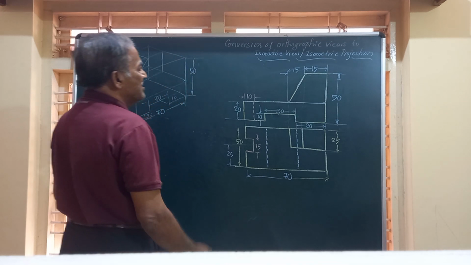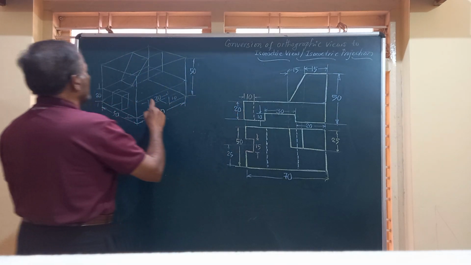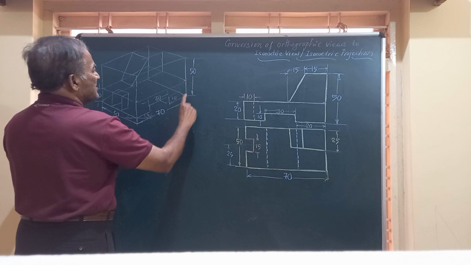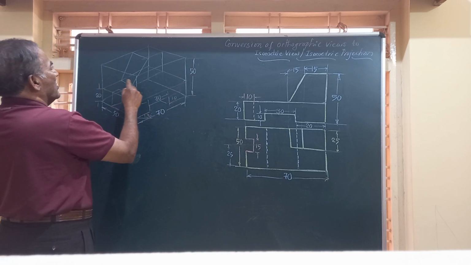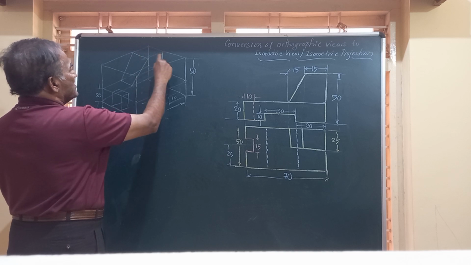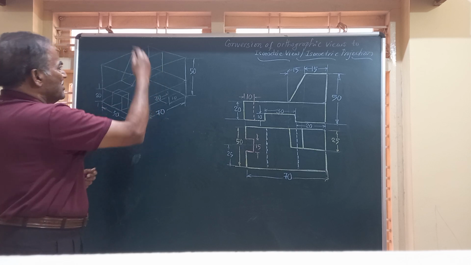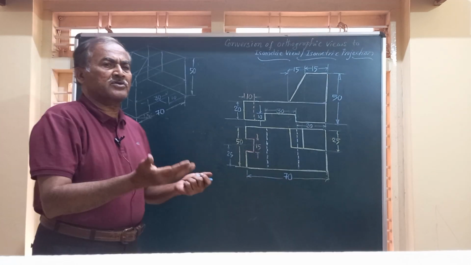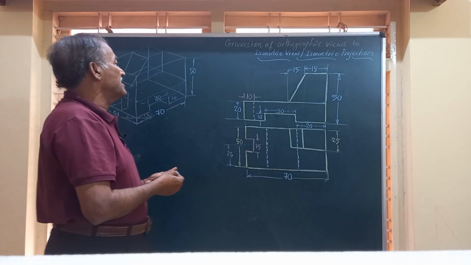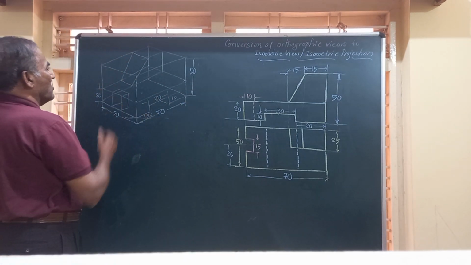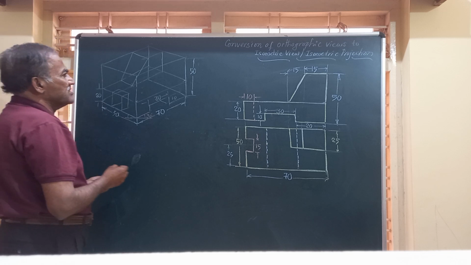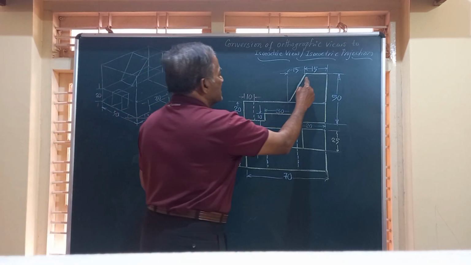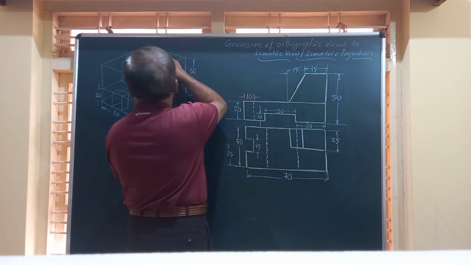That comes above this platform of height, this is 20, this is 30. So above this platform, there will be this projection or protruding part, a part which is projecting outside or above the top surface. Friends, let us start this projection by marking this rectangle in the top face.